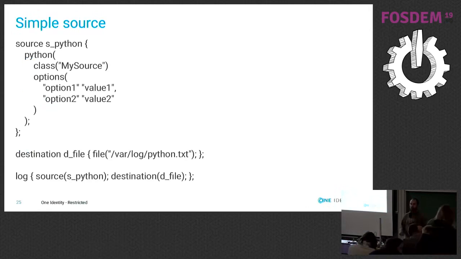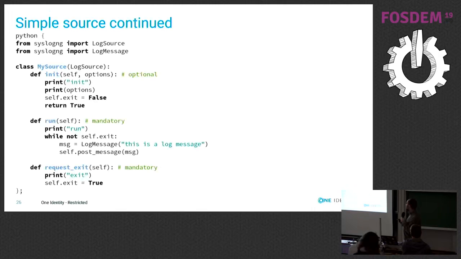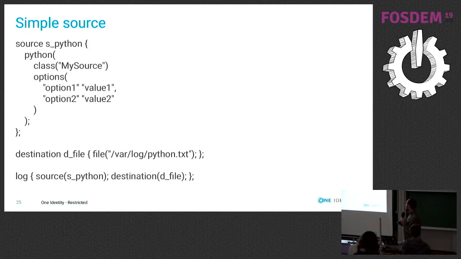Here is the configuration part of the simple Python source. Here we define the class name and pass a few dummy options, a file destination, and a log statement which combines the 2 together, so the Python source and the destination file.